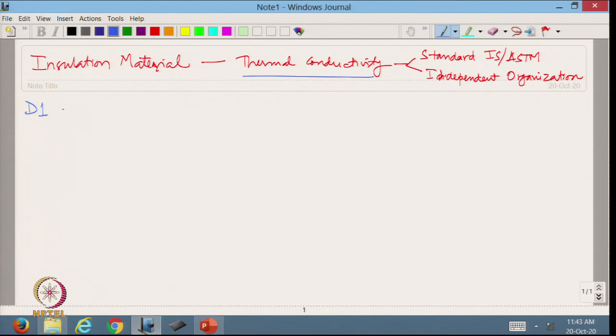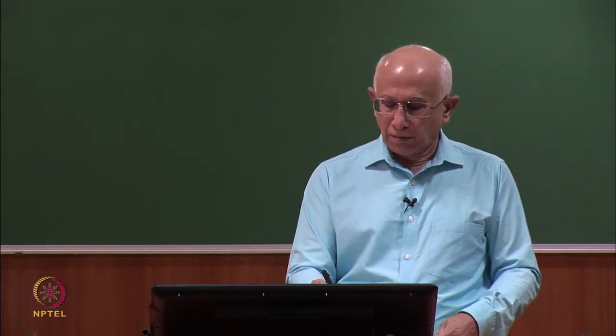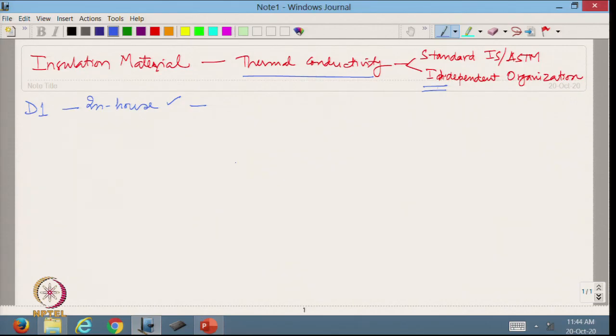So, one option they would have had, well, if we have an apparatus in house, we could have used it, but because of this constraint it cannot be used. If this constraint were not there from the client side, they could have done it with their own apparatus. Because it is not possible because of this constraint, they have to go to an external agency.